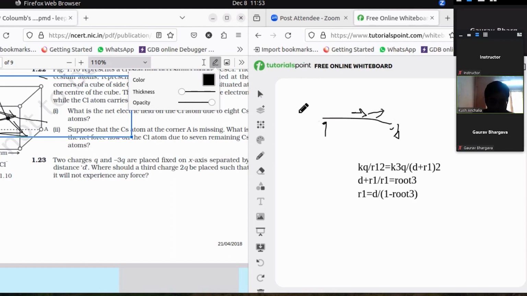But if we place it here, plus will give this side, minus will give this side. So there can be a chance of net equilibrium here, but not at this point. That's why d plus r1. r1 is this distance. You got the point?